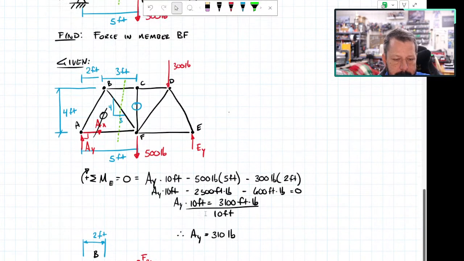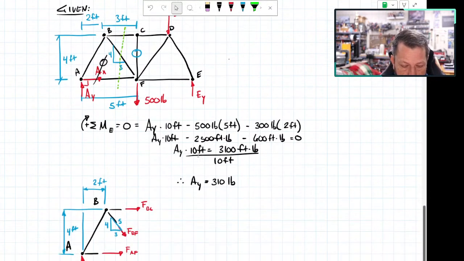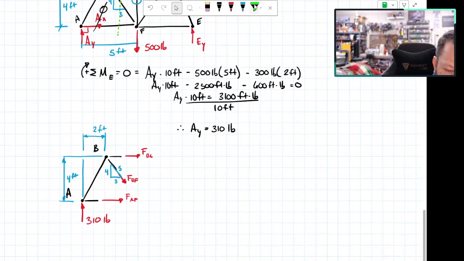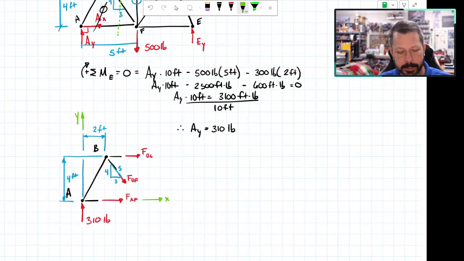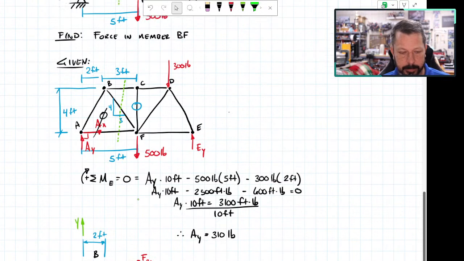I have others based on the actual sketch up here if I need them. But right now I don't need them. So let's go ahead and put a coordinate system just to make it an official free body diagram. There we go. There's our official free body diagram of the section AB of that truss.